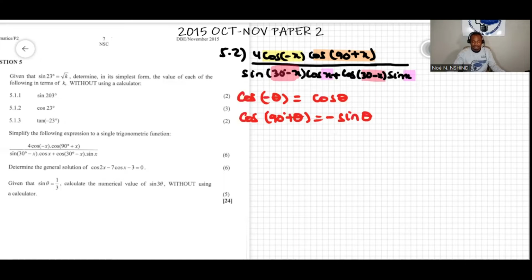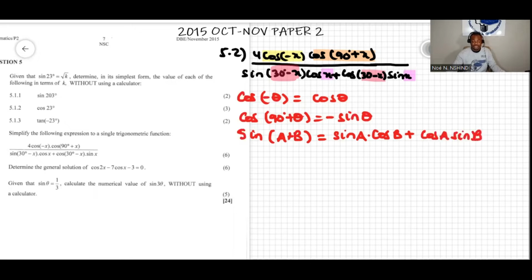We can apply the compound angle formula, because we know that sine of a plus b is sine a times cos b plus cos a times sine b.